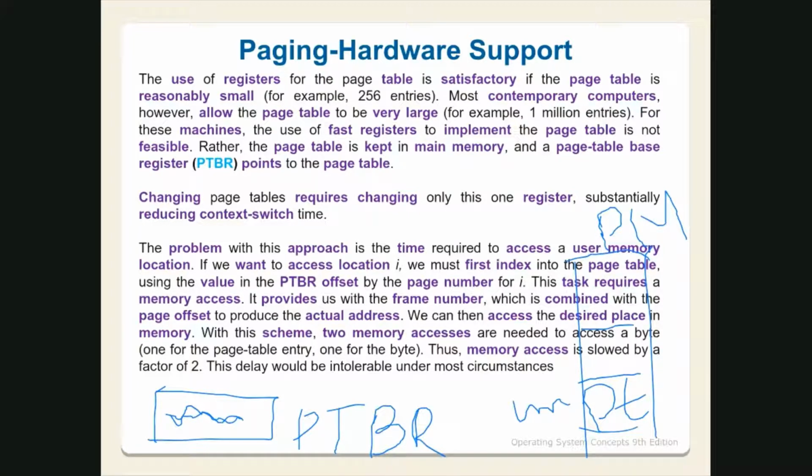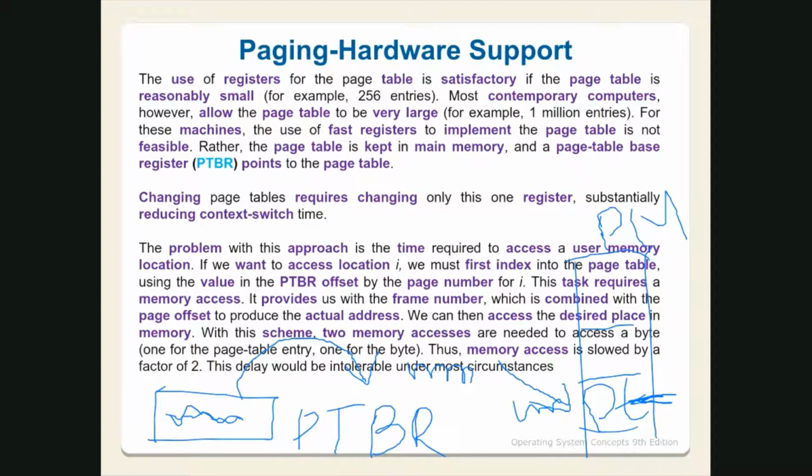Let's say I want to access an entry inside the page table. What you need to do is take the content of the page table base register and add the offset, and you will get the actual address in the physical memory. So this whole thing may take a certain amount of time. It's not very simple.